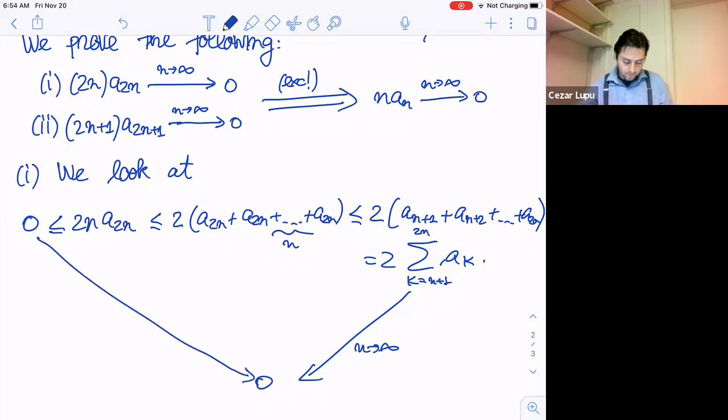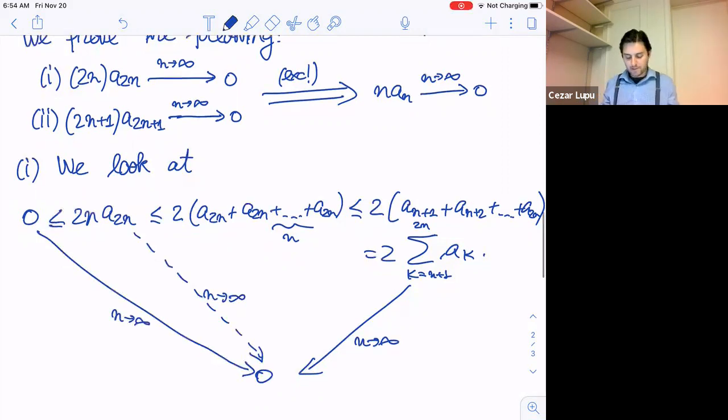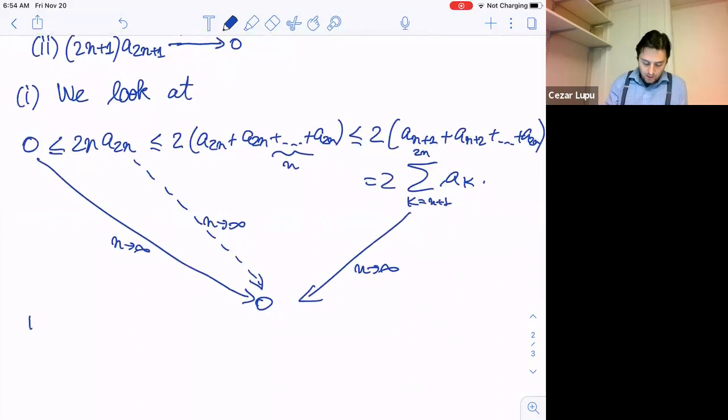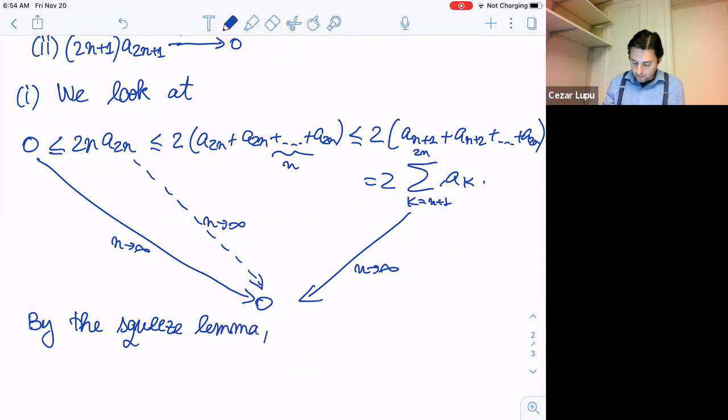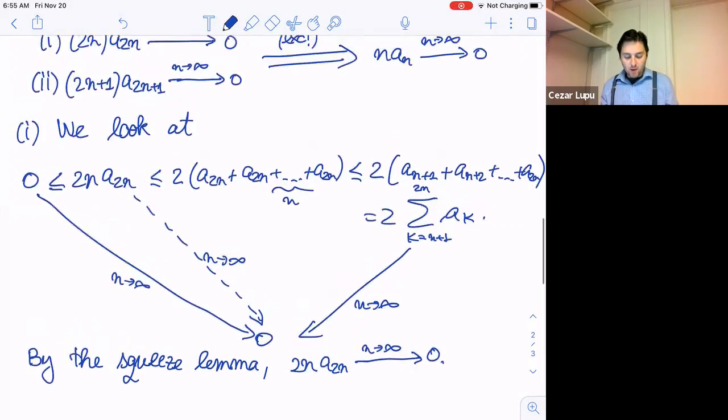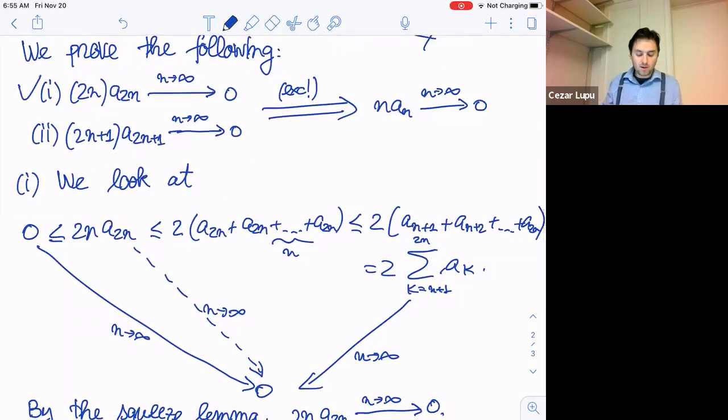So by the squeeze lemma, 2n a sub 2n will converge to 0 as n approaches infinity. And we're done, right? Very nice trick, right? All right, so we're done with the first one. That's good. Let's see the second one.